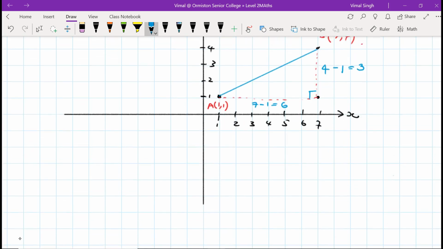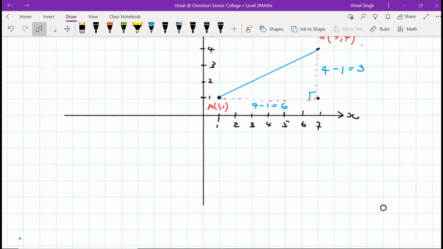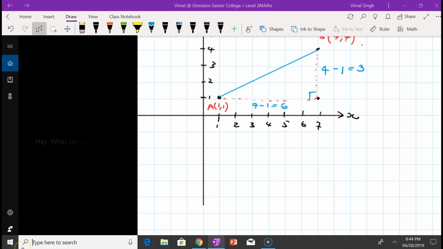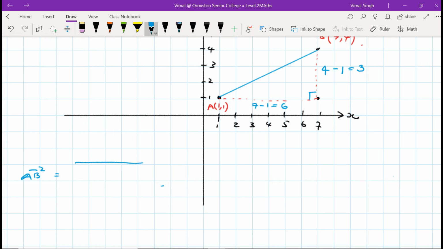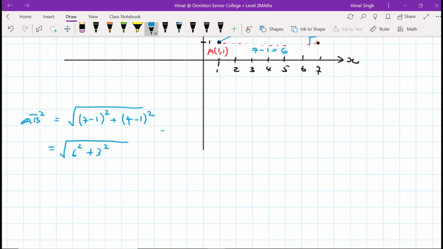So now I can go and work out the length AB. AB is equal to the square root of 7 minus 1 squared plus 4 minus 1 squared, and that is equal to 7 minus 1 is 6 squared plus 3 squared, and 6 squared is 36.